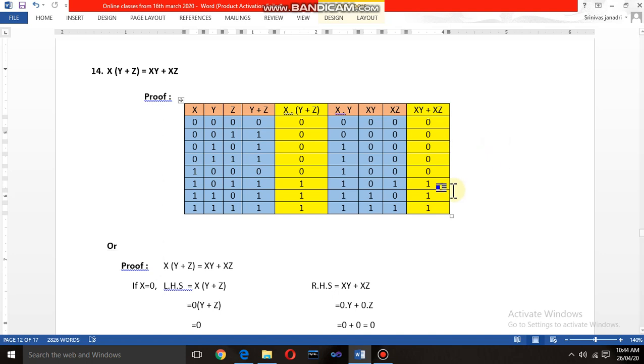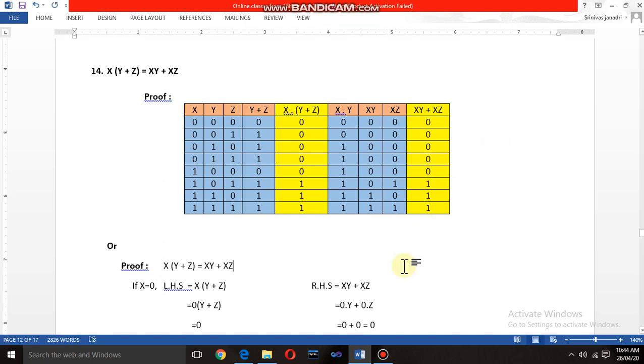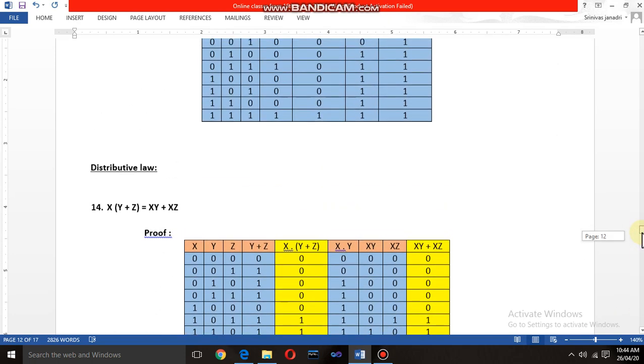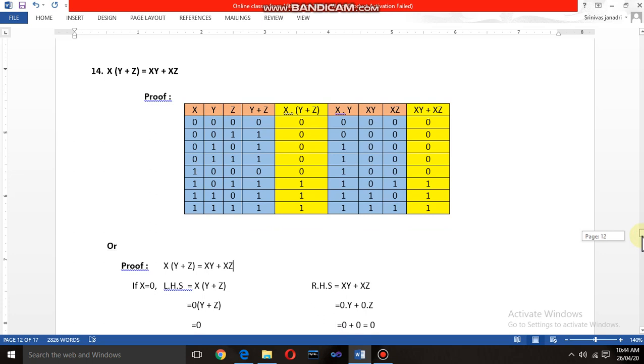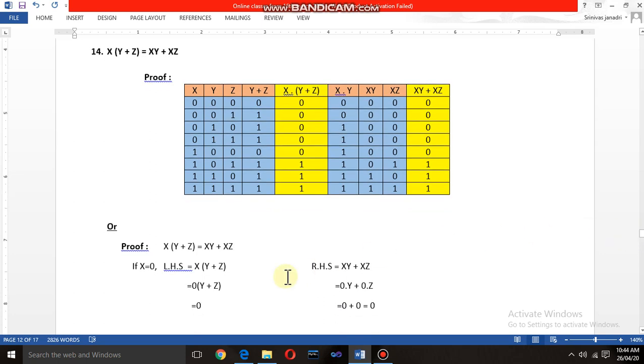In general, we can also prove this distributive law using the algebraic method. I will show you that one also. Proof by the algebraic method: if x is equal to 0, the LHS is x and (y or z).